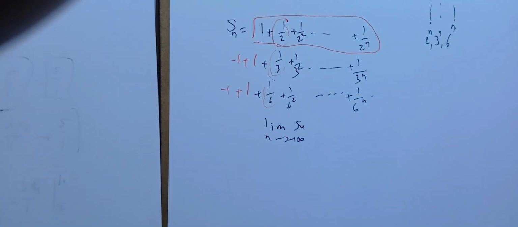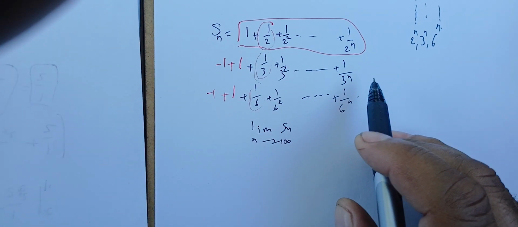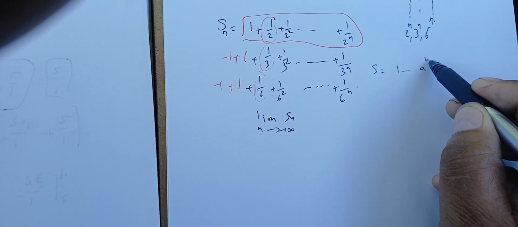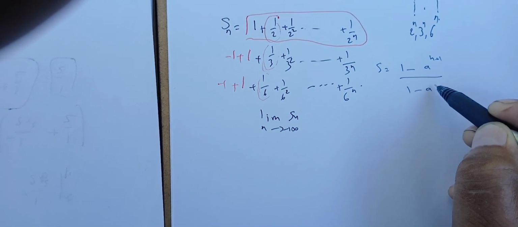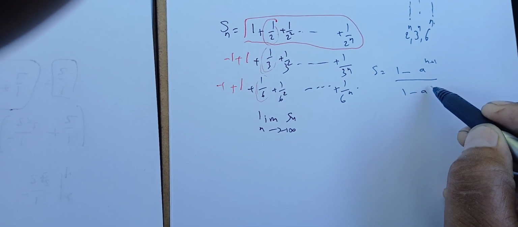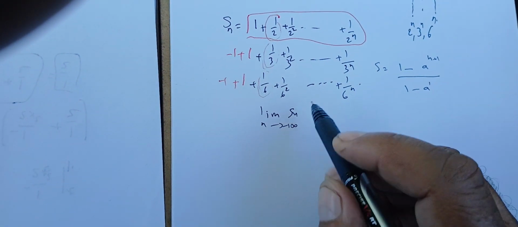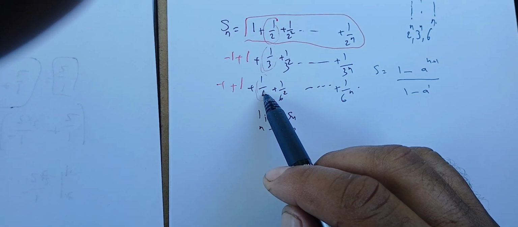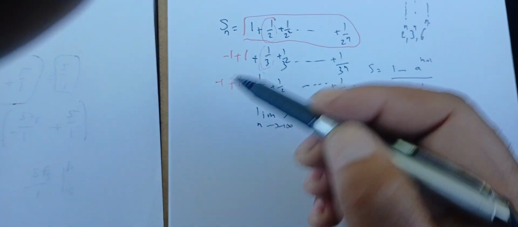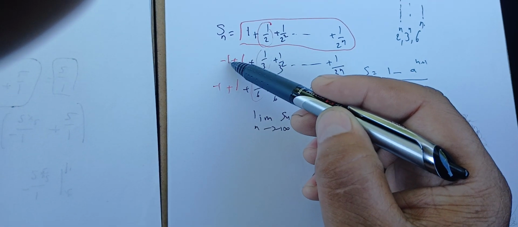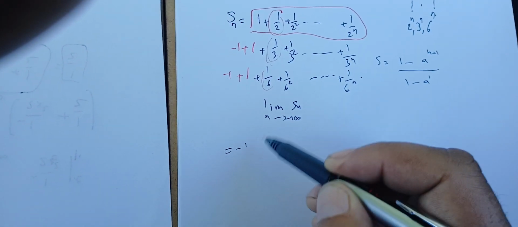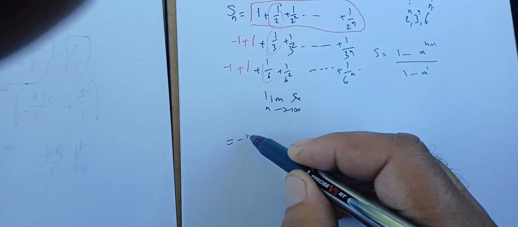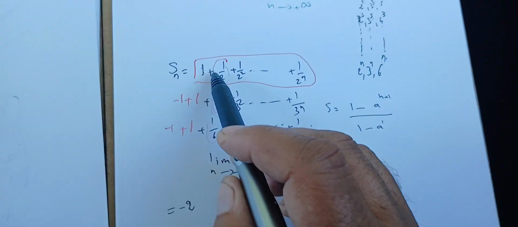Now we know that for a geometric sequence, the sum is given by (1 minus a to the power n plus 1) over (1 minus a). Here our a is going to be 1/2, here 1/3, and here 1/6. So adding this 1, minus 1, minus 1 is going to give us minus 2, because we need this one here to be in this sum.